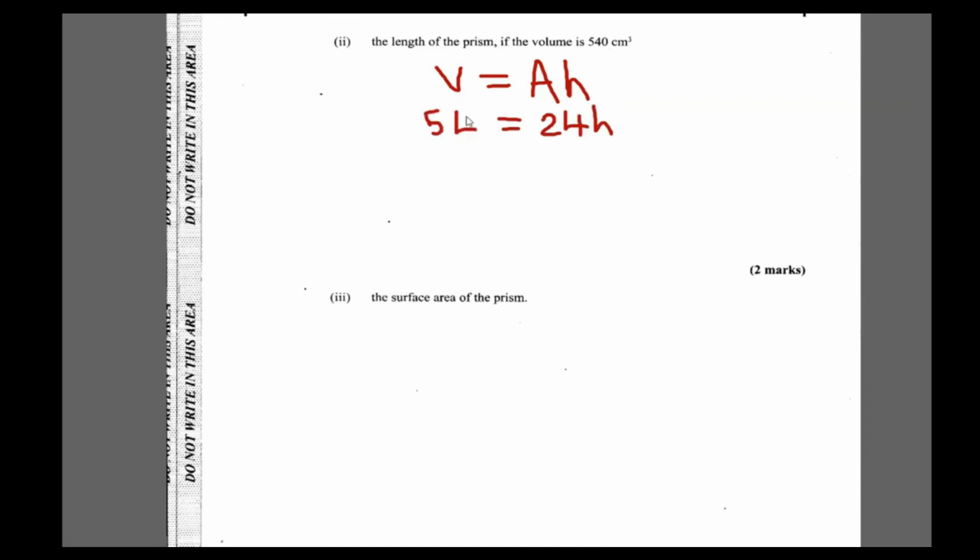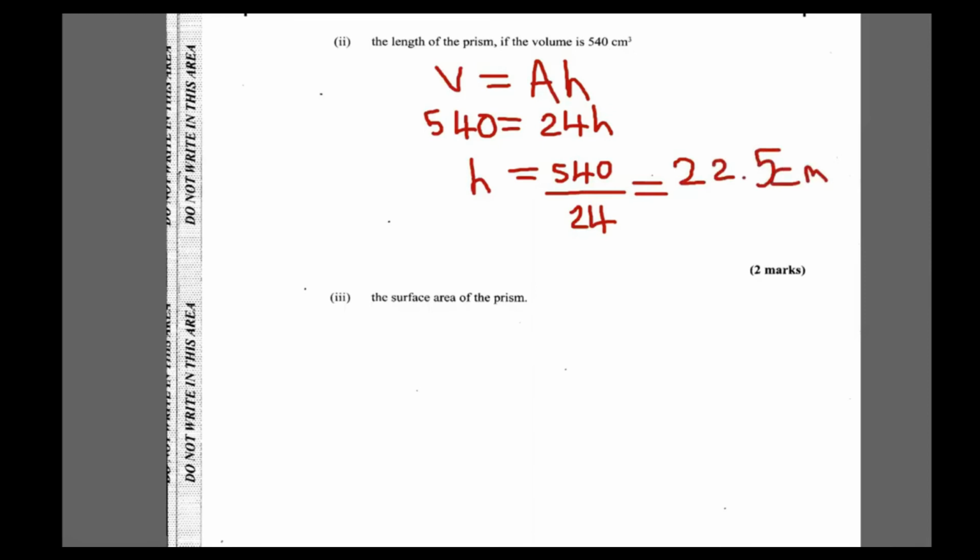To get the length of the prism, we divide through by 24, so h is equal to 540 divided by 24, which is 22.5 centimeters. That is the length of the prism.